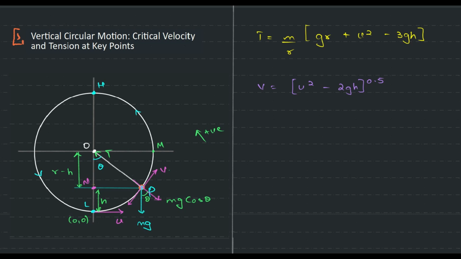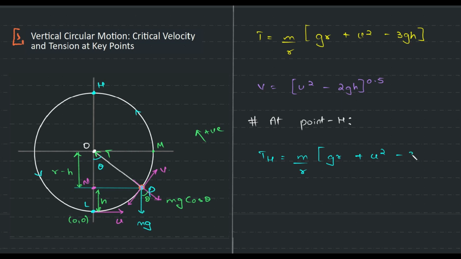So this is your generic scenario, right? So now the critical point is at h, at point h. So we have T_H is equal to m by r. What will happen? m by r will remain the same, that is constant, gr is the same, that is constant, u square will not change. So what will change?